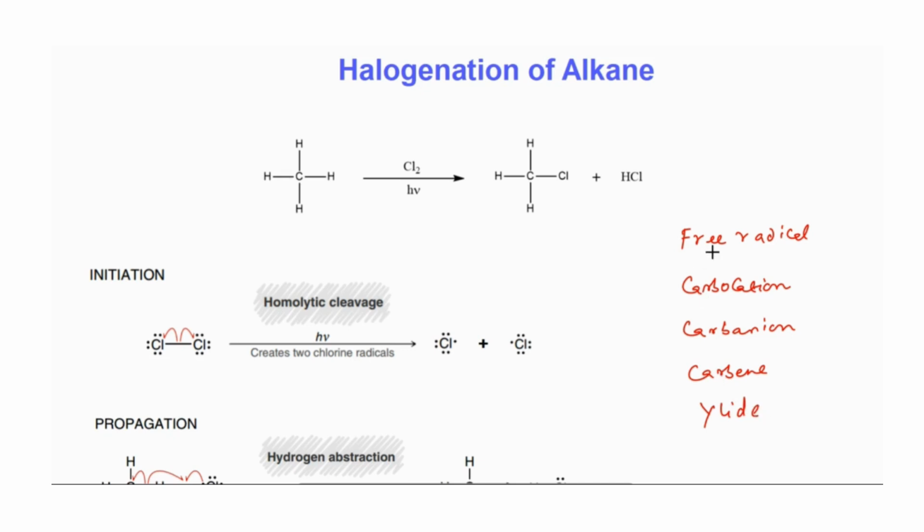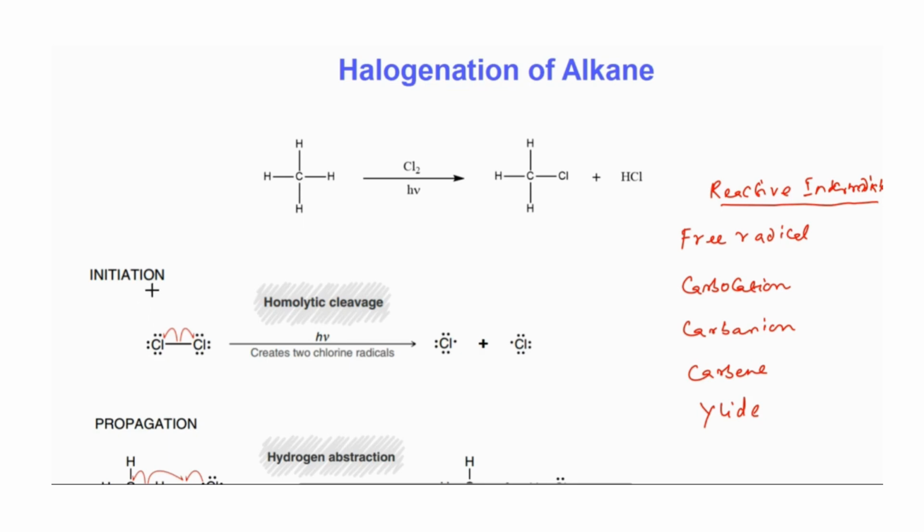So these are a few names for the reactive intermediates. Most of the reactions proceed through the formation of reactive intermediates. So in this reaction, the halogenation of alkane, it proceeds through the formation of a free radical.